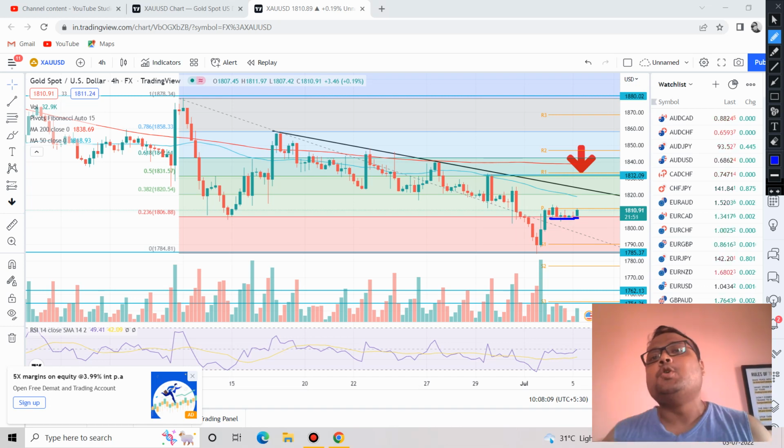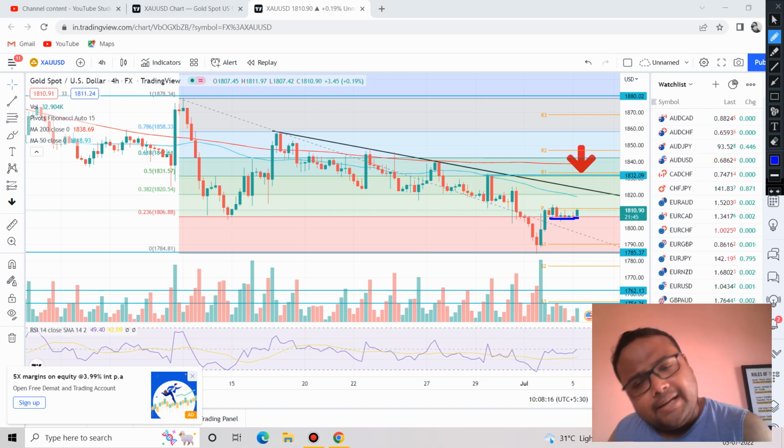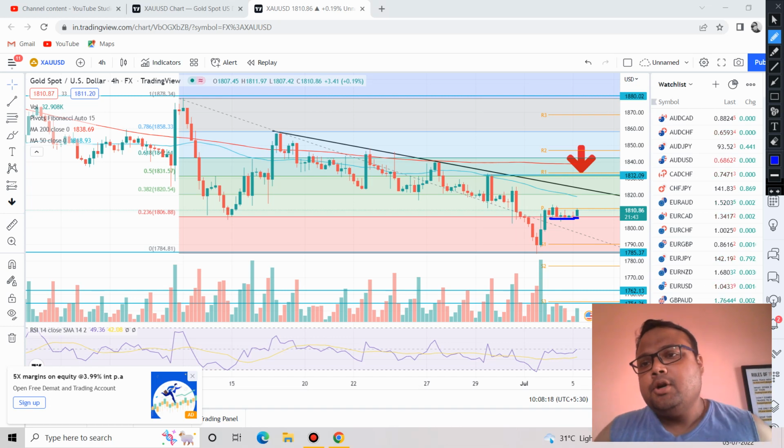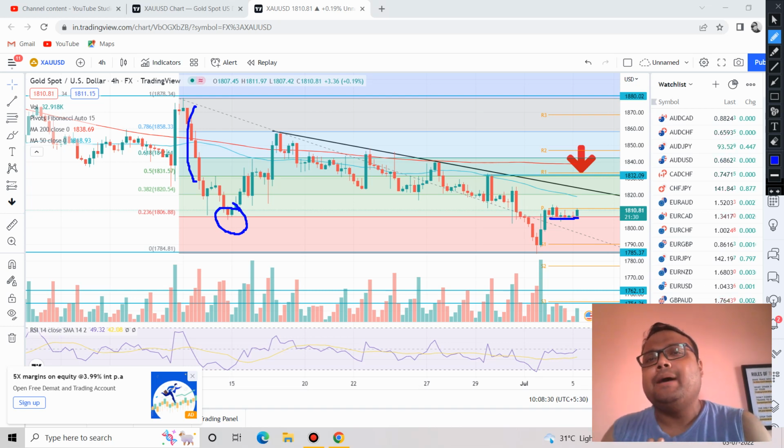Buyers in this zone are trying to provide a support, and after struggling here for a while, after some stagnation and consolidation, gold is trying to go up from here. When there was a previous sharp fall here, this was the level that provided support to the market. So if you have any ongoing buy position, you can stay on the trade, you don't need to worry.